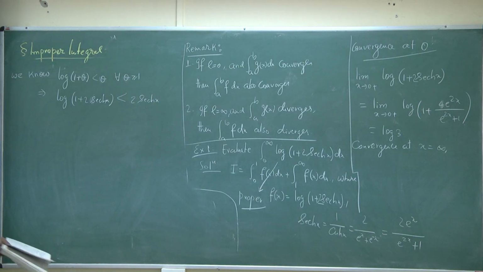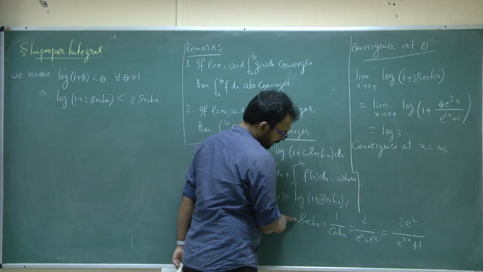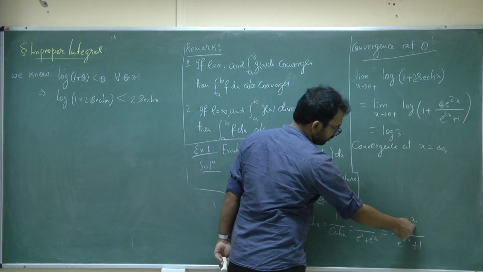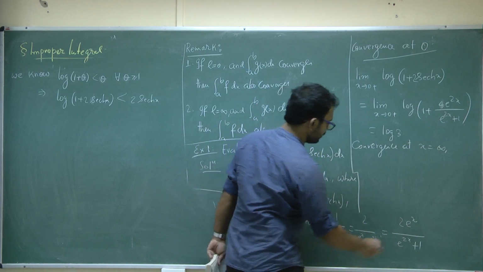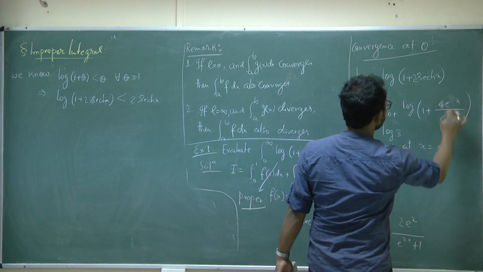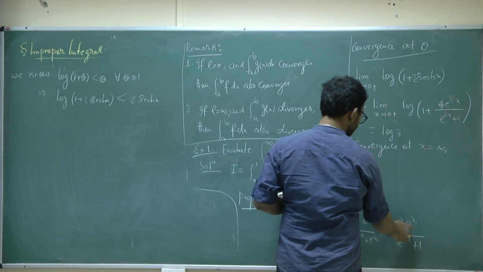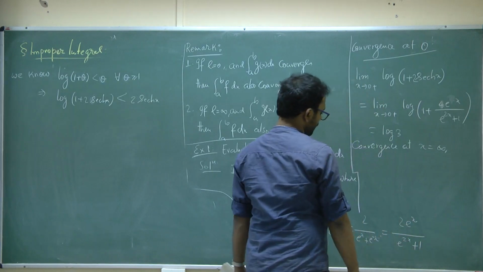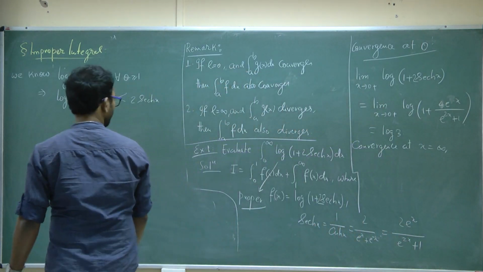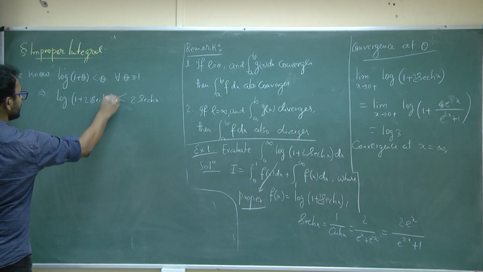Obviously 2 sech x, if you multiply by 2, then this will become 2 sech x equals 4 e to the power x, sorry, here it should be e to the power x. So 4 e to the power x, and that will always be greater or equal to 1. Yes. So basically this inequality will always be satisfied.